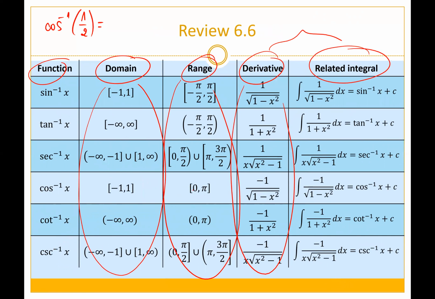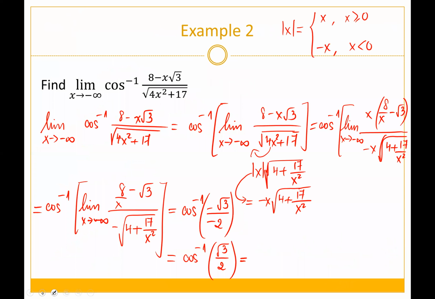So the range of your answer can only be from 0 to pi, and it cannot account for the one below it. So in this case, this answer has to belong to 0 to pi, which is going to give us inverse cosine of square root of 3 over 2.